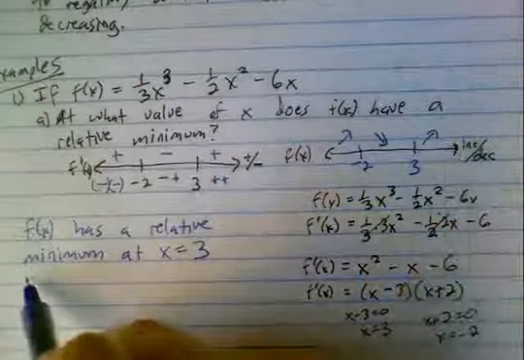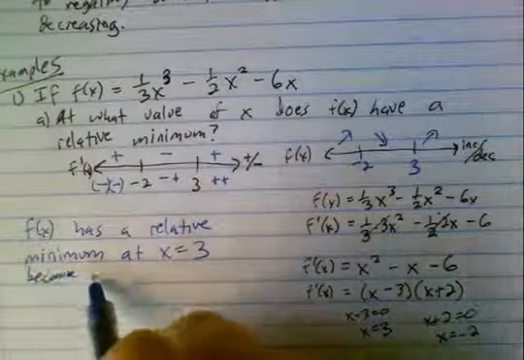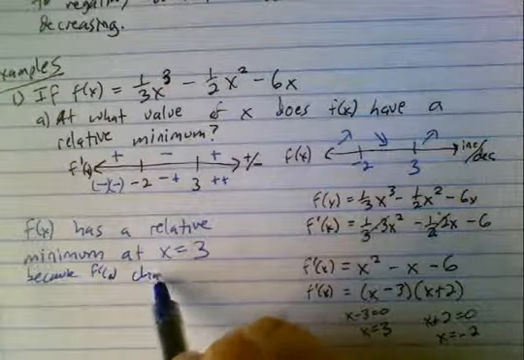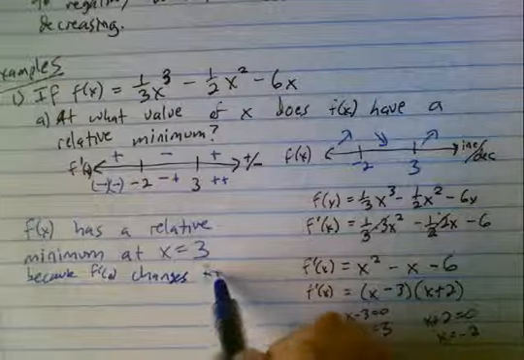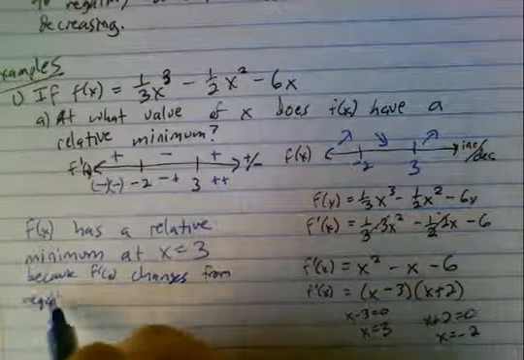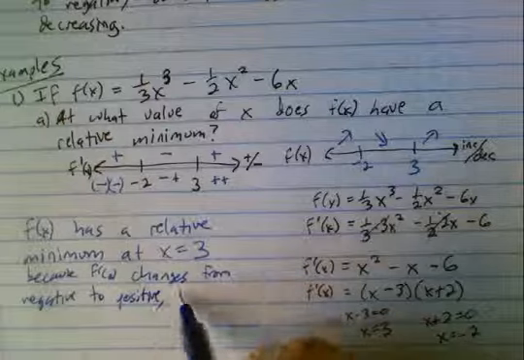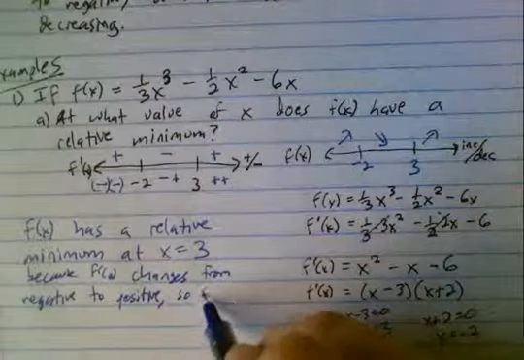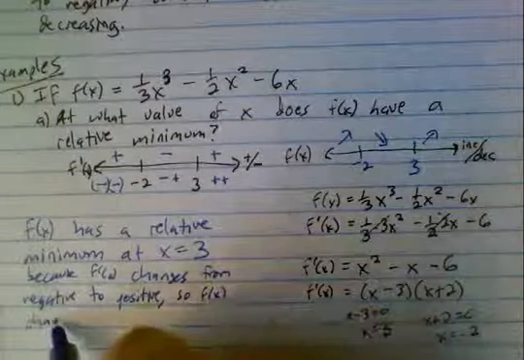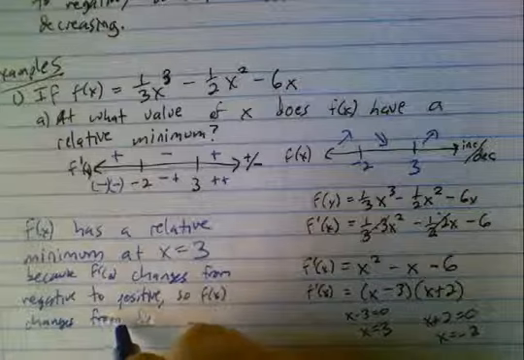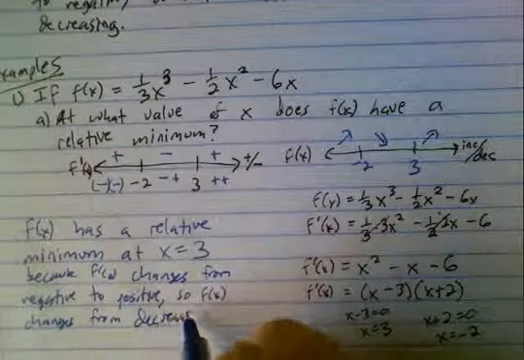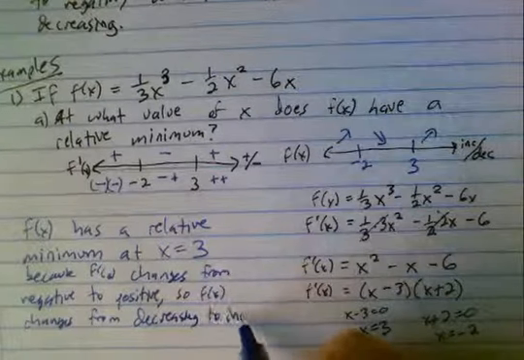Notice that right there. Because f prime of x changes from negative to positive. So f of x changes from decreasing to increasing.